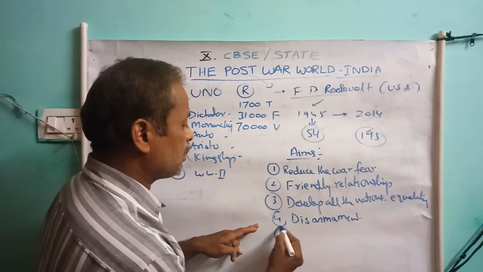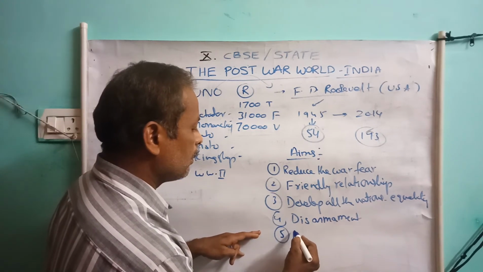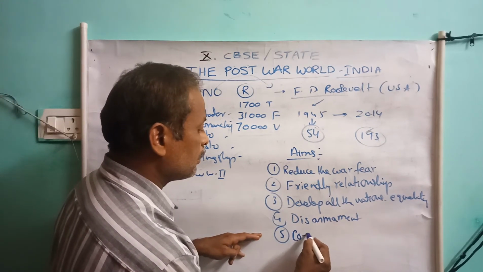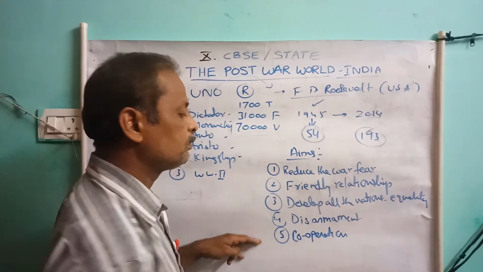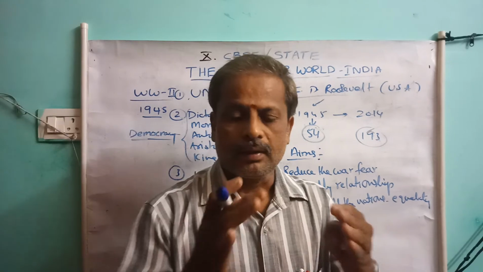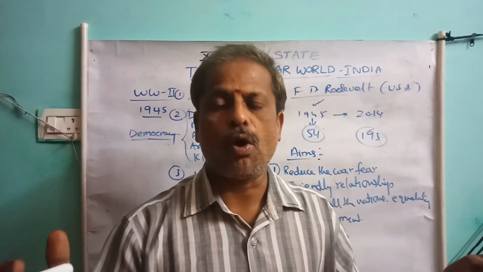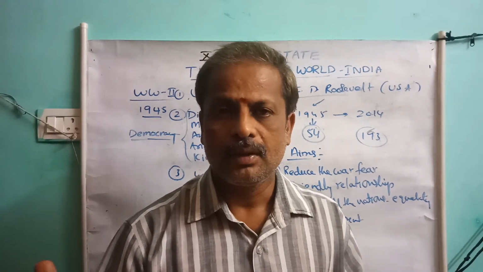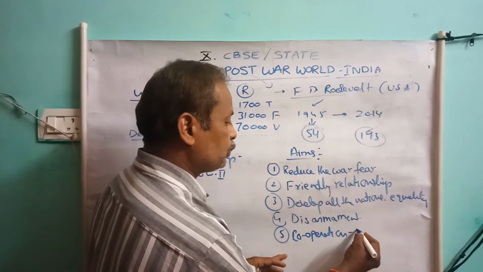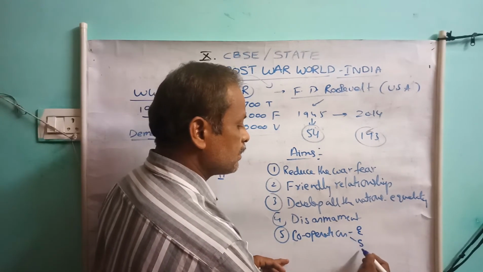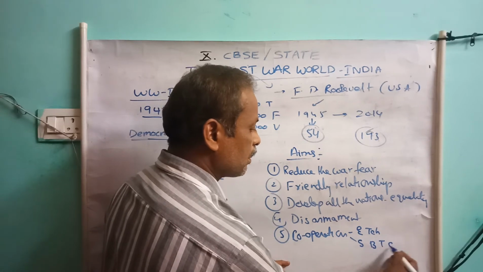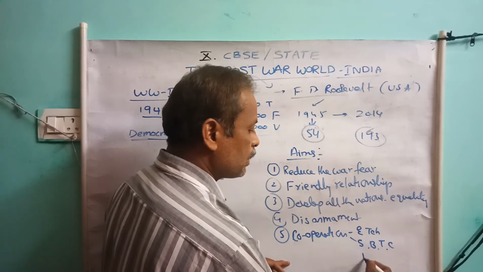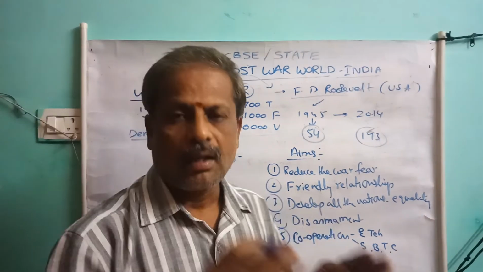Number 5 is what? Give international cooperation. It means extend international cooperation among the countries on the issues of education, science, technology, business, trade, commerce, and political affairs.